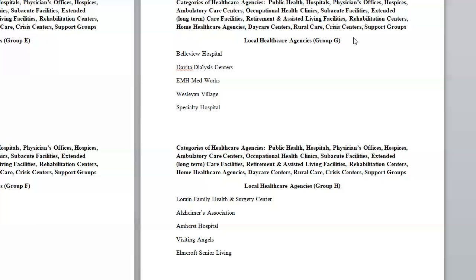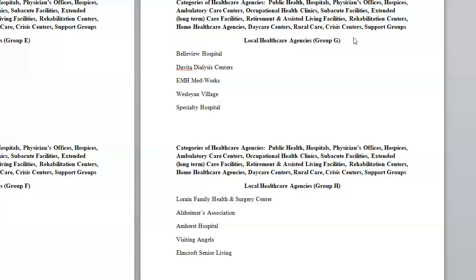DaVita Dialysis Centers is ambulatory care centers. EMH MedWorks is occupational health clinics. Westland Village are subacute facilities, extended long-term care facilities, retirement and assisted living facilities, and even some rehab centers. And Specialty Hospital is extended long-term care facilities and rehab centers. And then your Lorain Family Health and Surgery Center are ambulatory care centers in Group H. Alzheimer's is support groups.